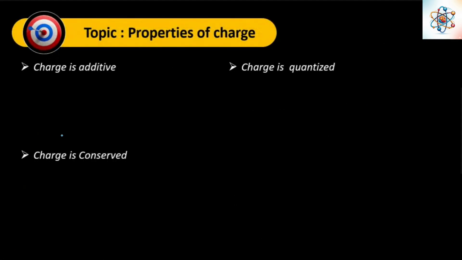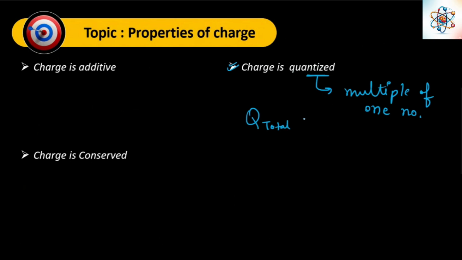To understand this properly, let us move to the properties of charges. There is a property of charge which is called quantized. Quantized means something which is a multiple of one number. So charge is quantized, and we can calculate the total charge of any object by multiplying a number by the charge of an electron. Suppose we have 10 grams of something.